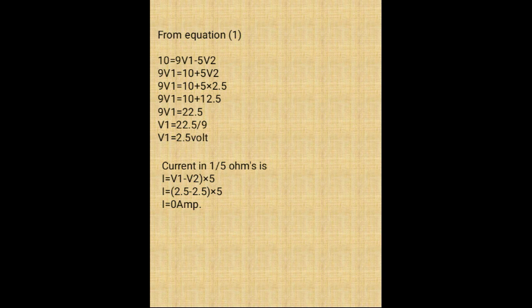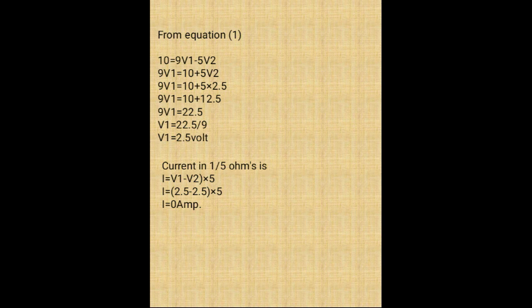Now from equation 1, 10 = 9V1 - 5V2, or 9V1 = 10 + 5V2. Now we put the value of V2 in this equation. So 9V1 = 10 + 5 × 2.5.